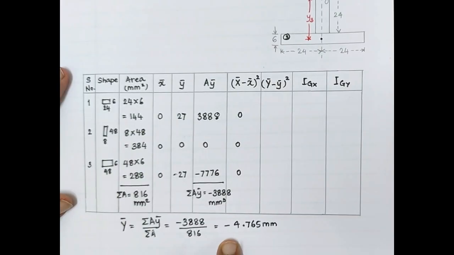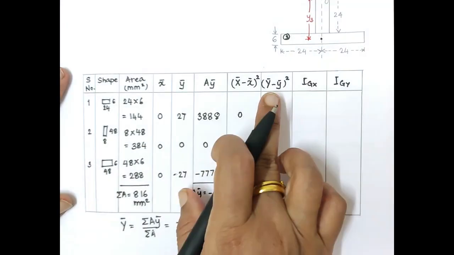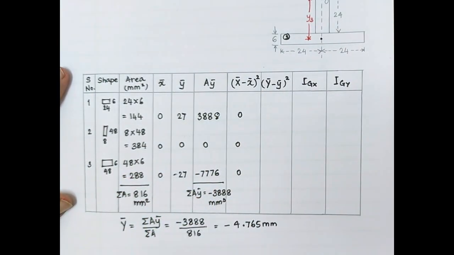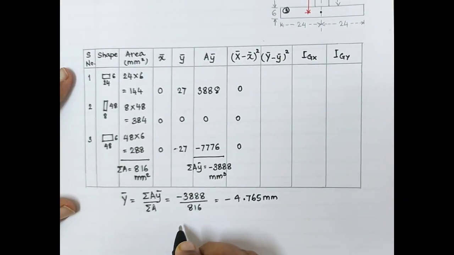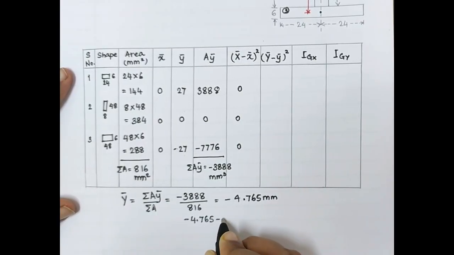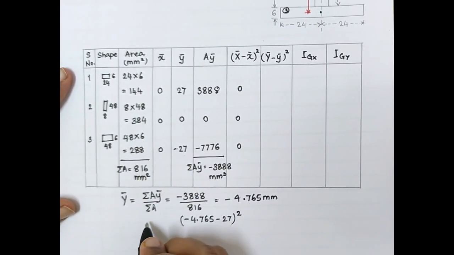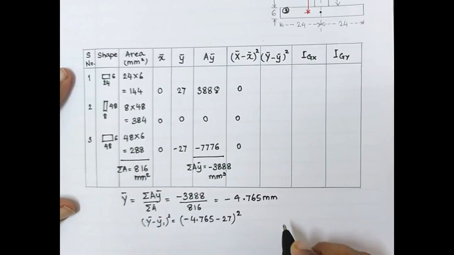Now we have got the value of capital Y. Putting the value of capital Y into this equation, we have minus 4.765 minus 27 whole square. So if you want me to write it, I'll write it over here. So the calculation is going as minus 4.765 minus 27 whole square. This is what we are going to get as y minus y1 whole square.